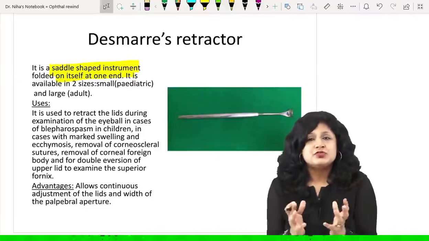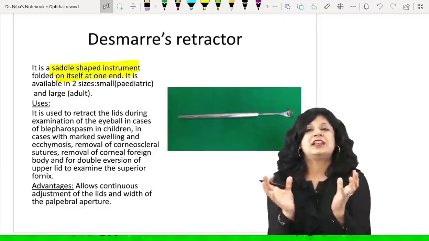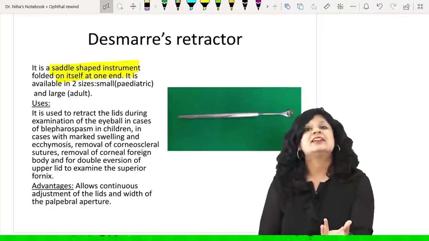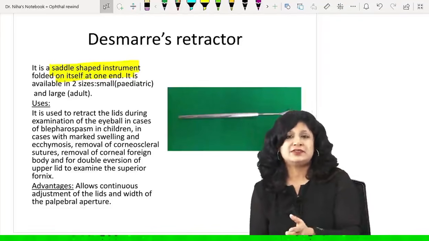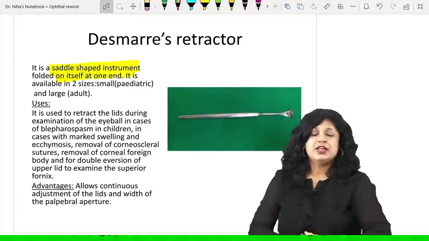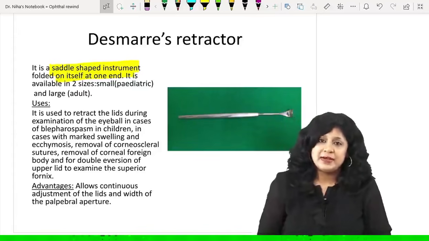So I have tried to cover the theoretical as well as the practical part of the instrument, basically how to identify the instrument, and based on its identification, what are its specific uses. So I think this will be helping you.